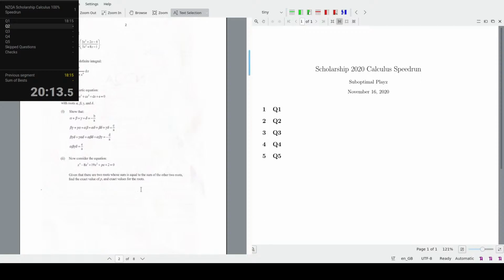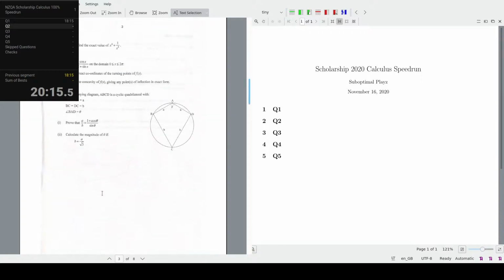Scroll the question paper down. Yeah, there's a minimum just after pi. There's an inflection around half pi. And then there's a maximum just before 2 pi.